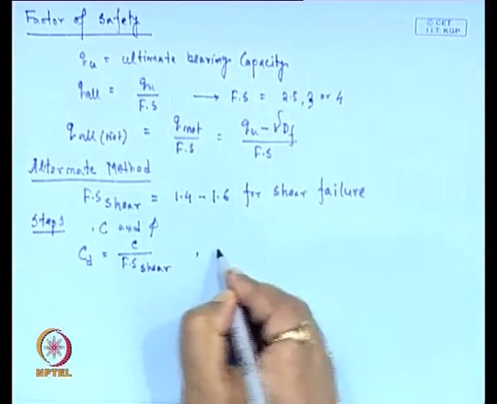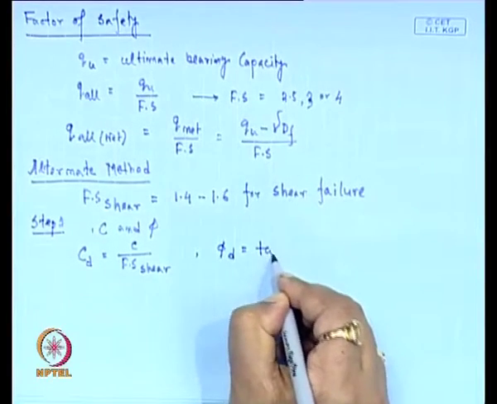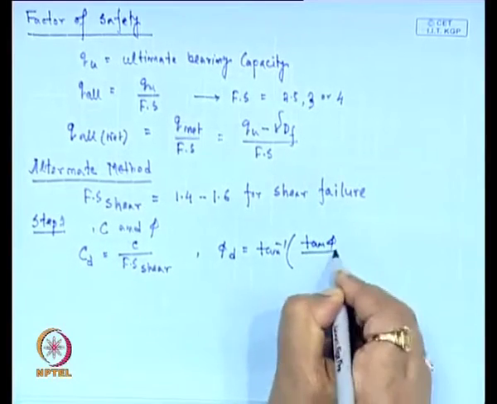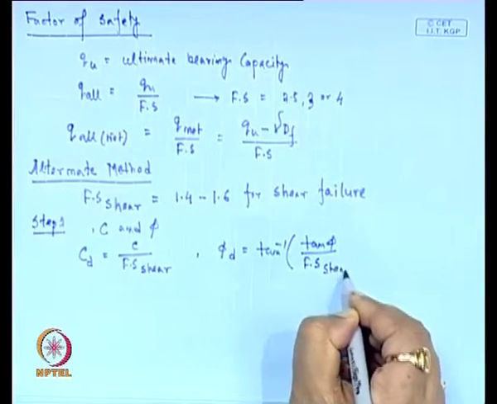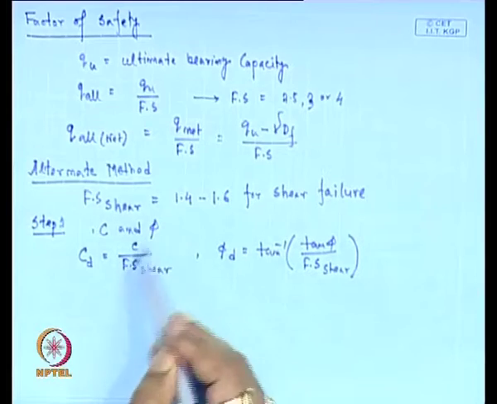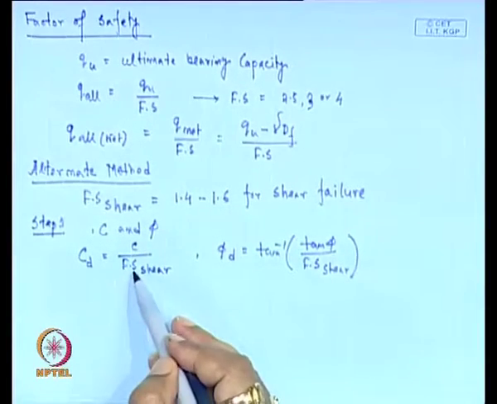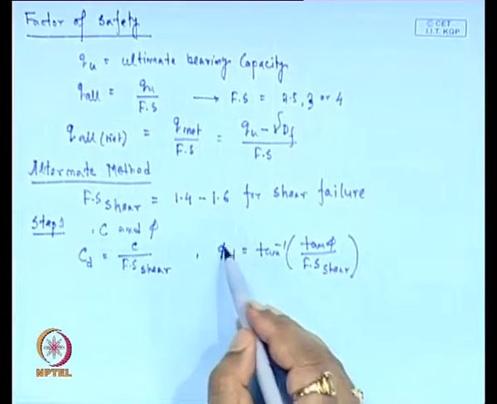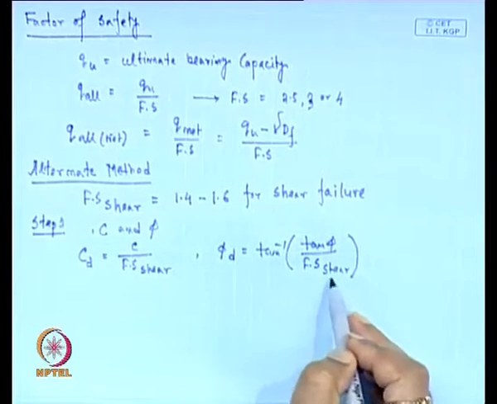Similarly, we determine phi_d, that will be tan inverse of tan phi divided by the factor of safety against shear. So, first divide c by the factor of safety against shear, and then determine the new phi with tan inverse of tan phi over the factor of safety against shear.